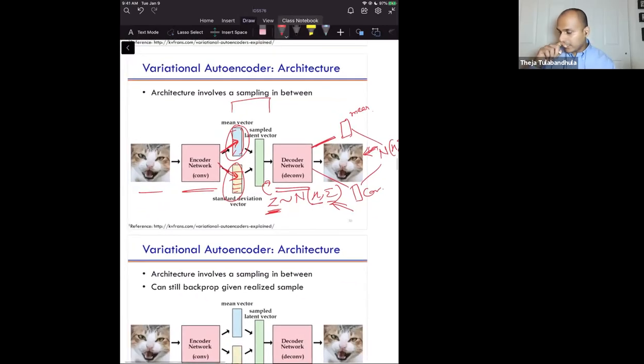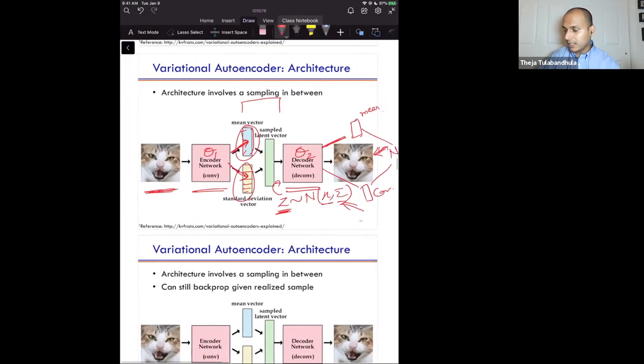The way you think about it is, don't think about training for now. Let's say there are some parameters already, theta 1, theta 2, untrained, it doesn't matter. For the forward operation, given any input image, maybe this cat, there's going to be a corresponding mean and covariance vector, the blue part and the yellow part here, conditional on this image.